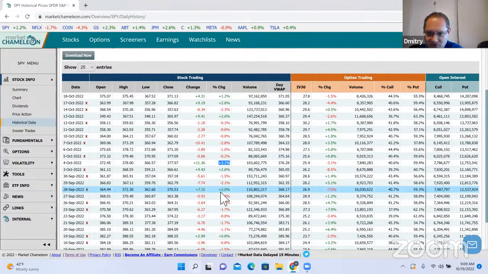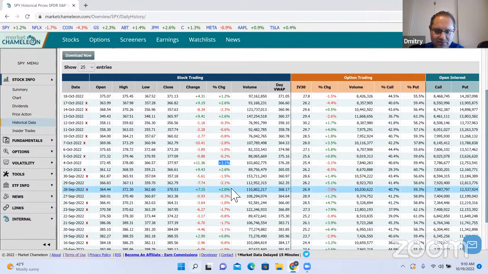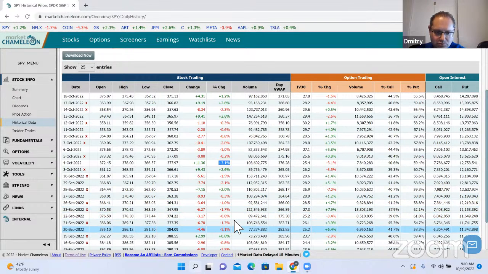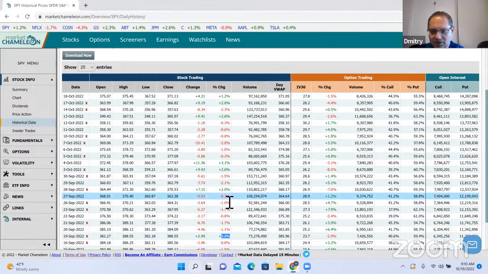We don't see it moving 10% from day to day, not even 5%, but it can move from almost unchanged to, looking at almost a month here, a high move of like 3%, and a lot of 2%.